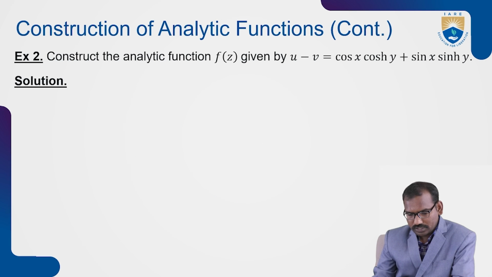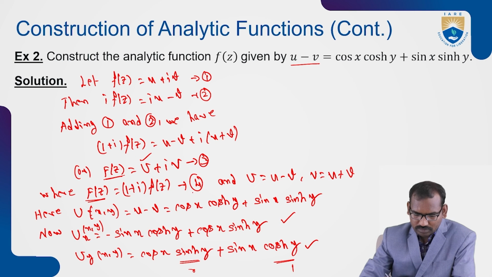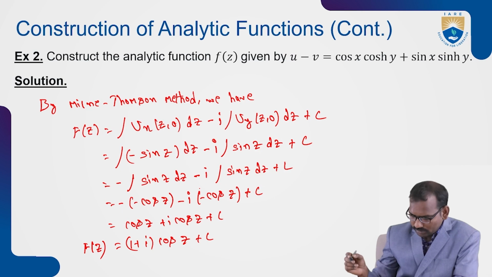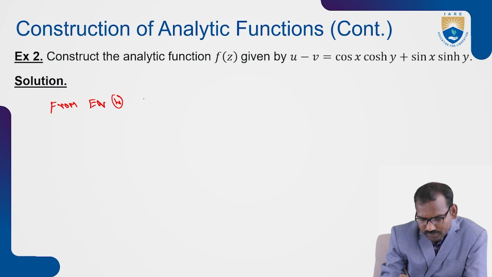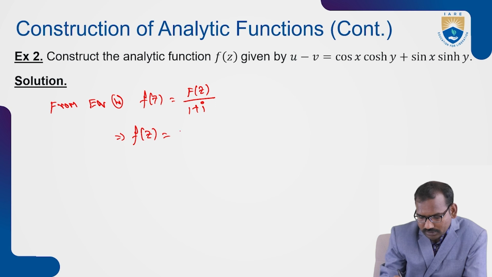Now from equation 4, I can write small f of z as capital F of z upon 1 plus I. This implies I can easily calculate small f of z.